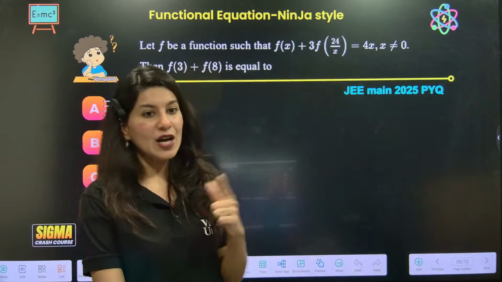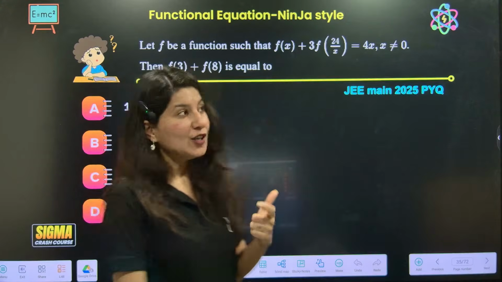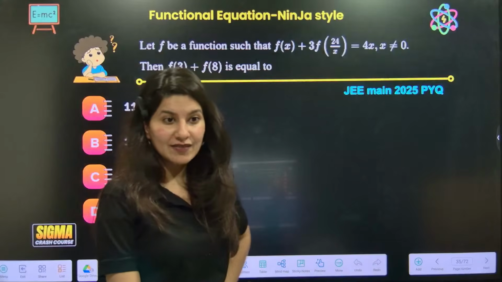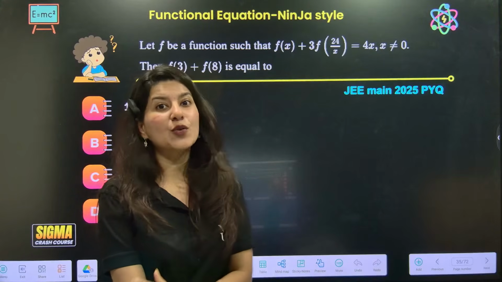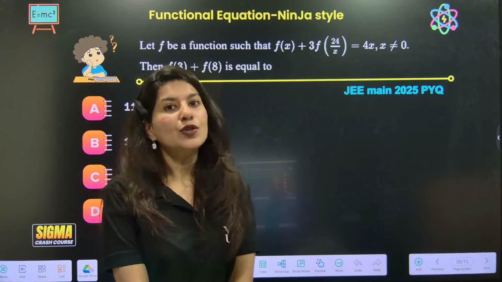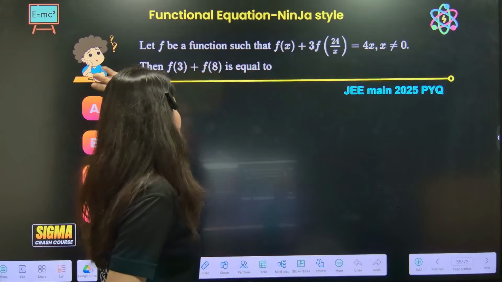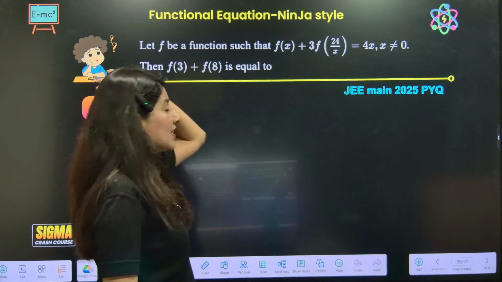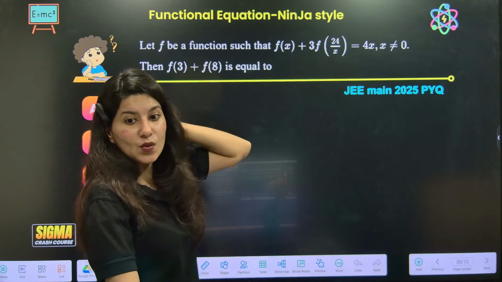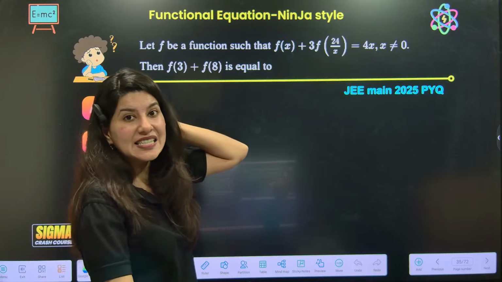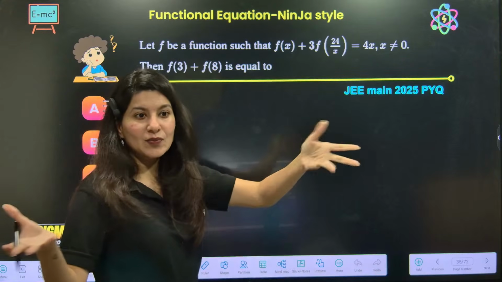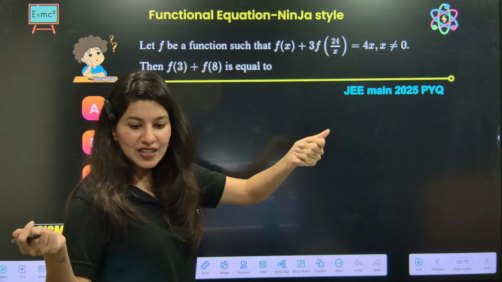The best part is you don't have to find f of x, because they are not asking you f of x. They are asking you to find the specific value 3 and 8.